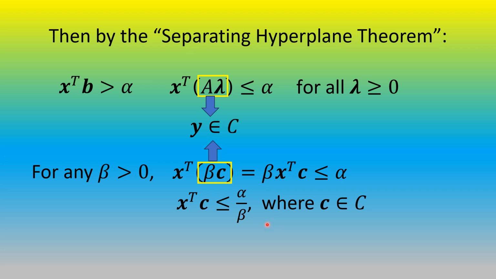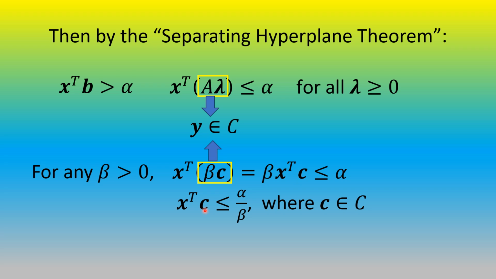So now here's the interesting part. We know that c actually is in the cone. Why is that? It's because c is y divided by beta, and beta is greater than 0. So 1 over beta is a scaling factor.